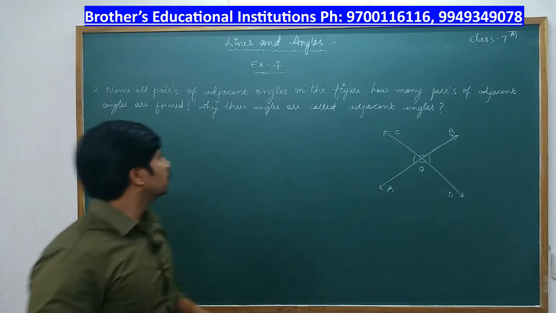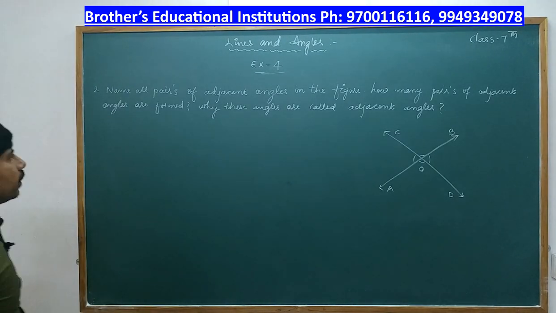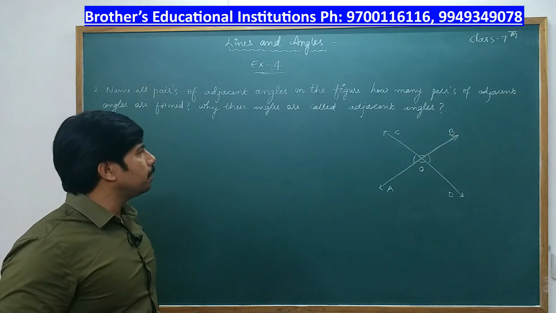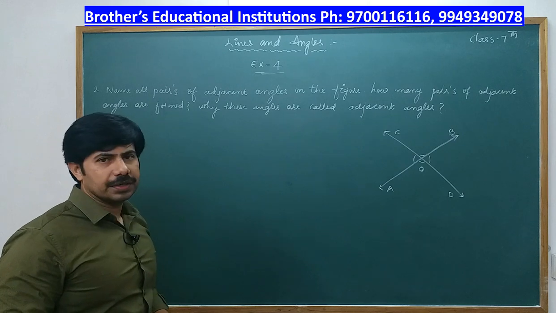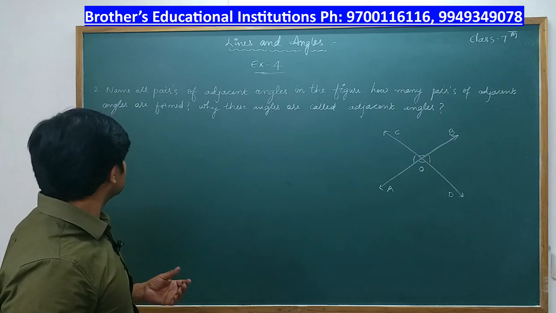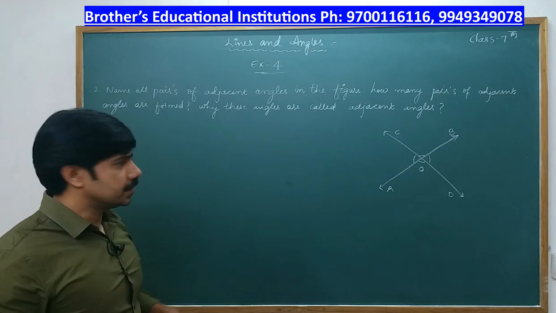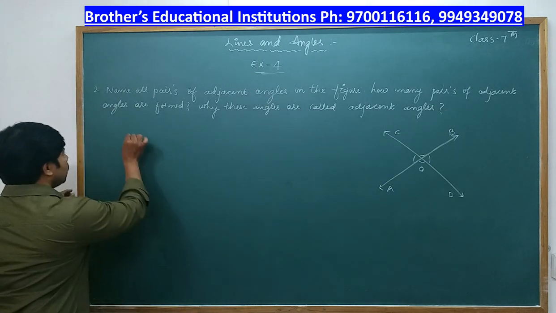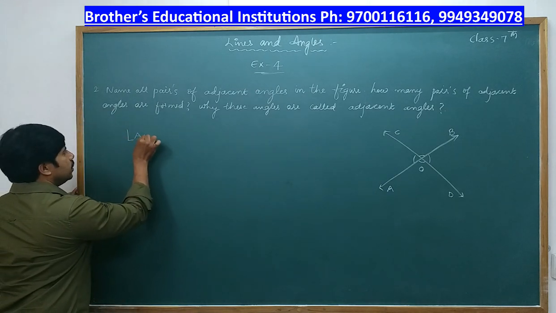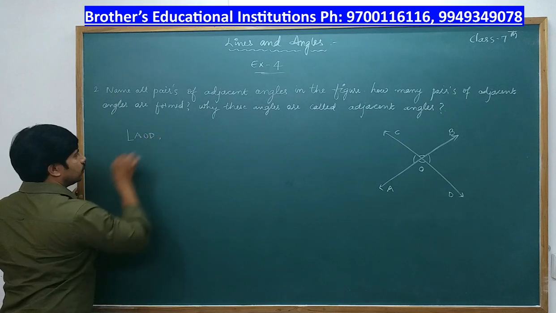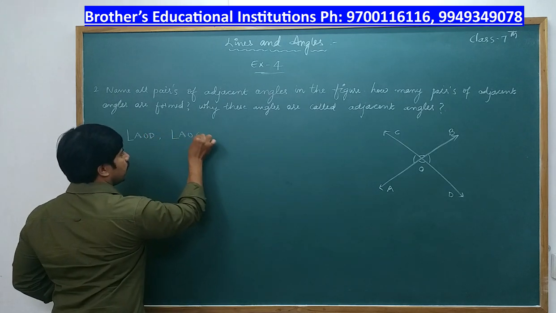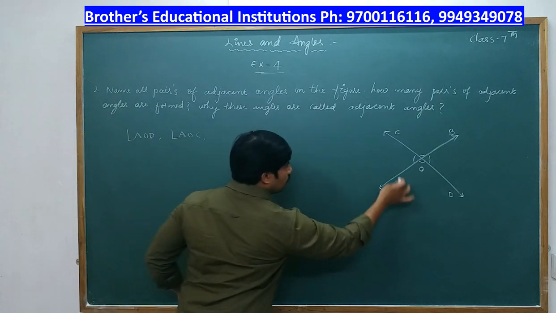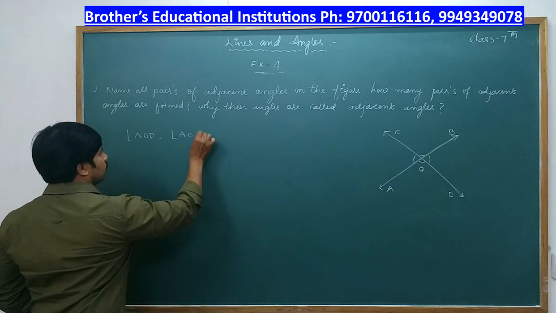Next problem. Name all pairs of adjacent angles in the figure. How many pairs of adjacent angles are formed? Why are these angles called adjacent angles? First we write what the adjacent angles are here. See, angle AOD and angle AOC, this is one pair.